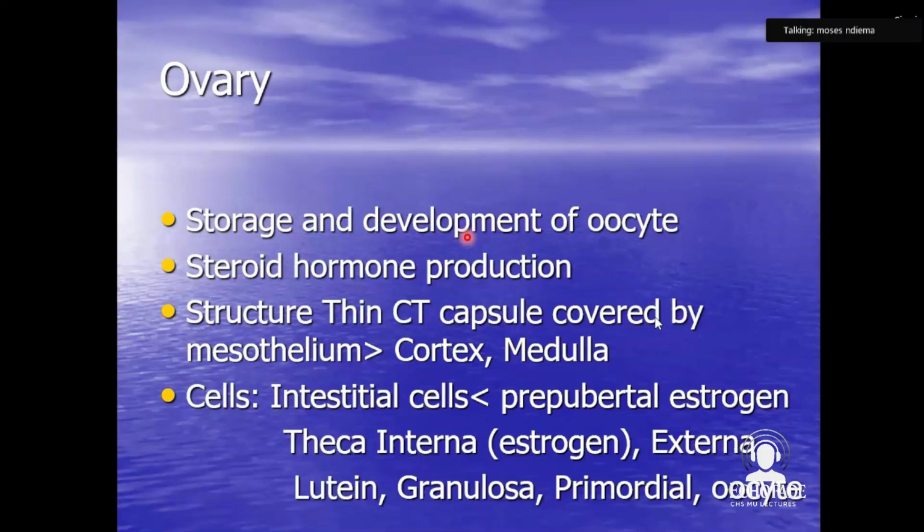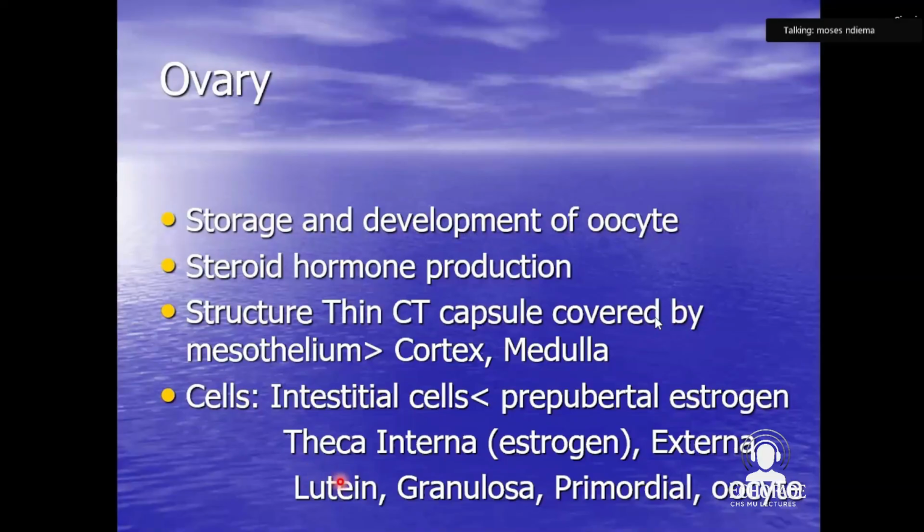Those are the follicular cells, which, as I have said, under the influence of follicle-stimulating hormone now form the granulosa cells. And we are going to look at those granulosa cells. The granulosa cells, after ovulation, under the influence of luteinizing hormone, differentiate to form the lutein cells.